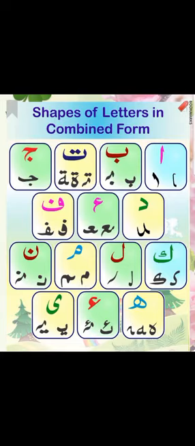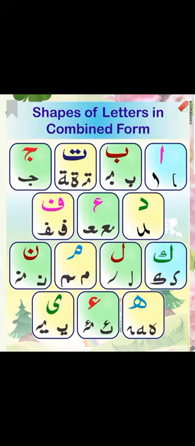Mostly the head, the upper starting shape of the alphabet, is written, and the lower half of the shape is cut off, and it is joined with the next alphabet to make a word.